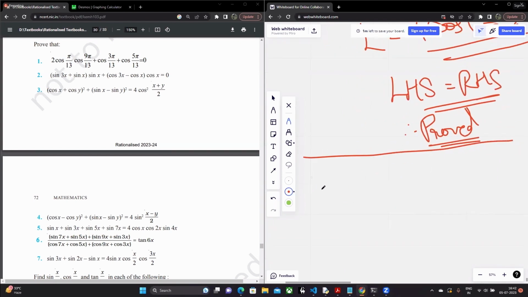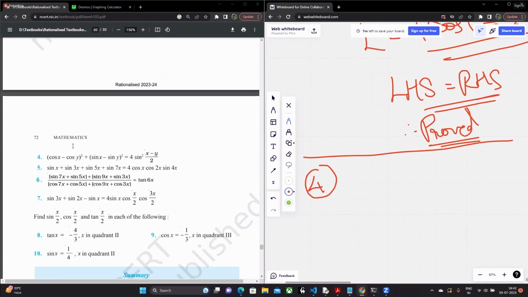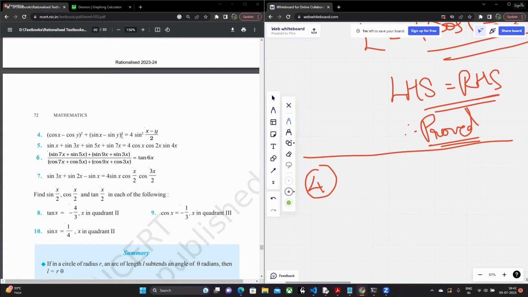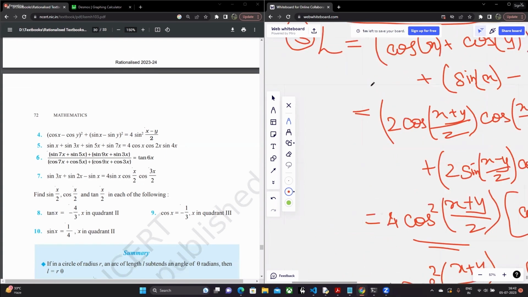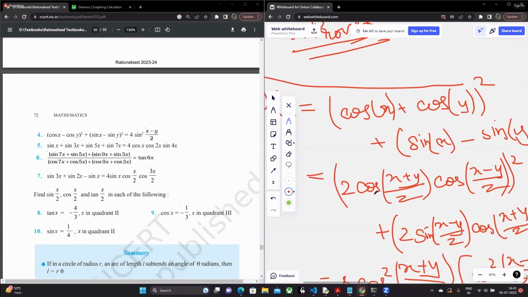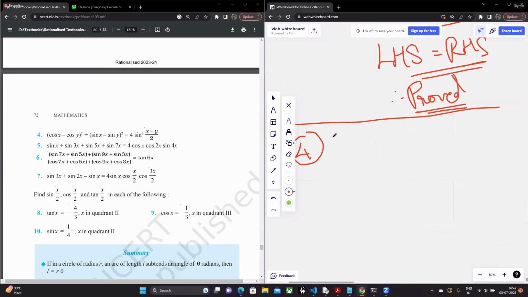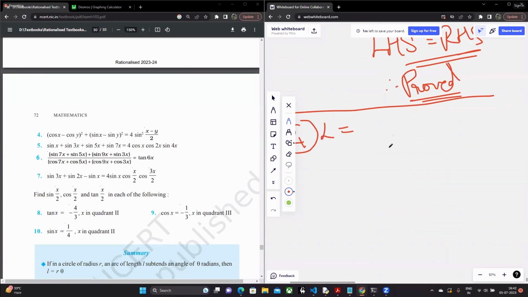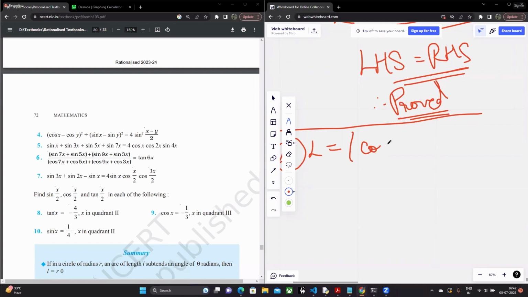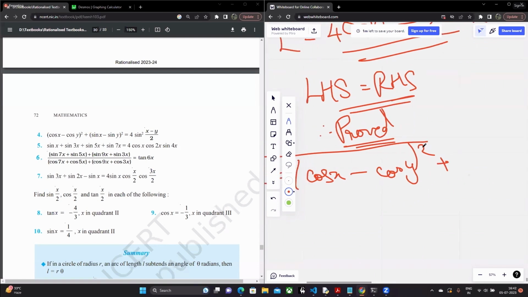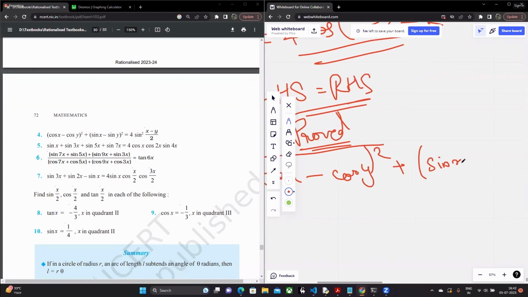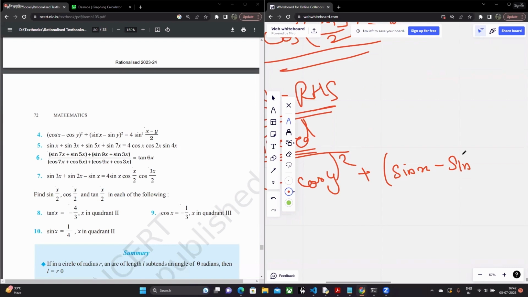That's number 4. (cos x minus cos y) the whole square plus (sin x minus sin y) the whole square is 4 sin square (x minus y) by 2. Same as this. The only place where you're going to change is this plus. Right? So again, same old. I'm going to do this with minimal explanation because I've already done a very, very similar sum earlier. So this is going to be the whole square plus this is going to be (sin x minus sin y) the whole square.